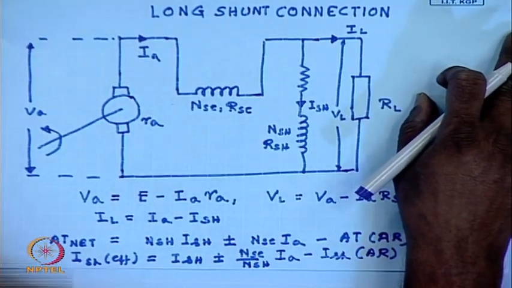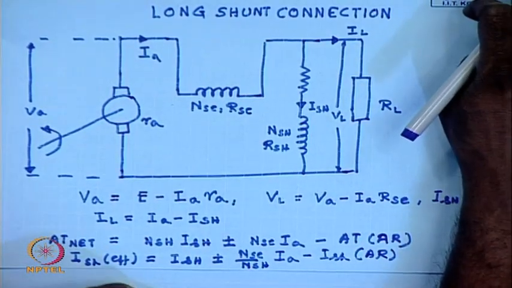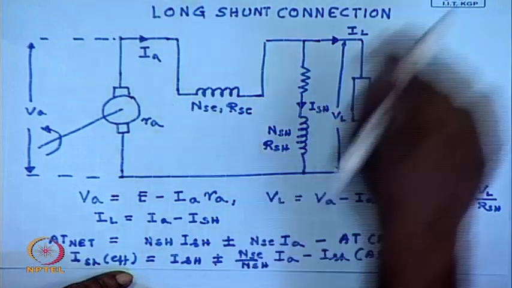So, here also either cumulative or differential compounding is possible, which is indicated by the plus minus sign.